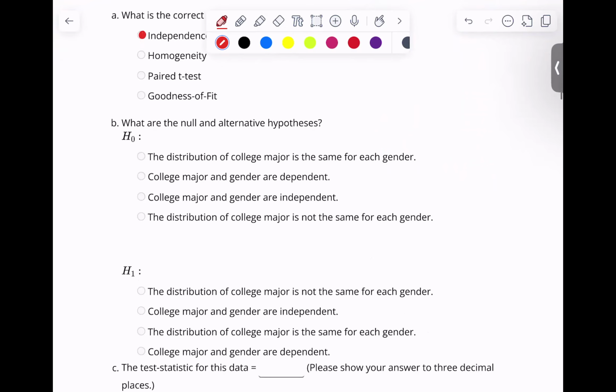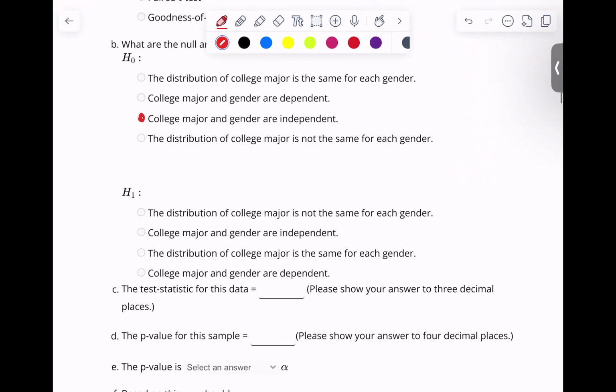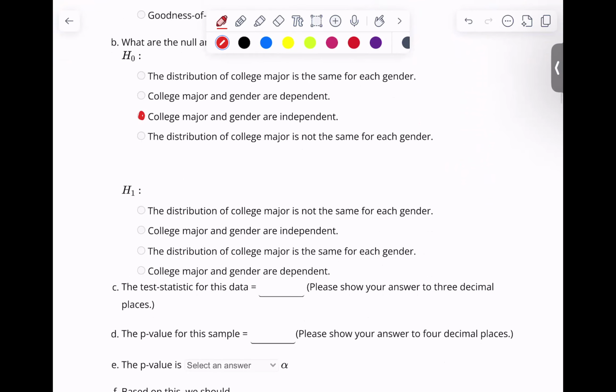So our null hypothesis is that college major and gender are independent. They don't depend on each other. They are not related to each other whatsoever. The alternative hypothesis is the opposite, that college major and gender are dependent on each other.